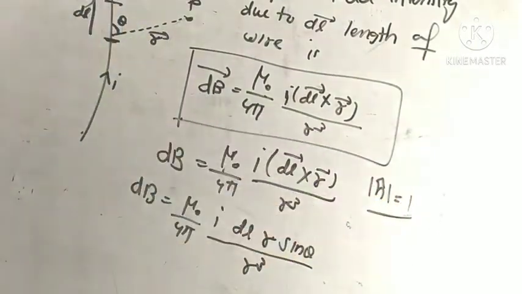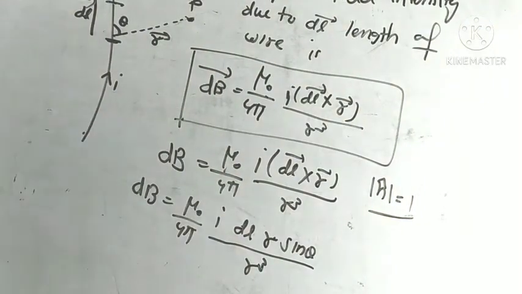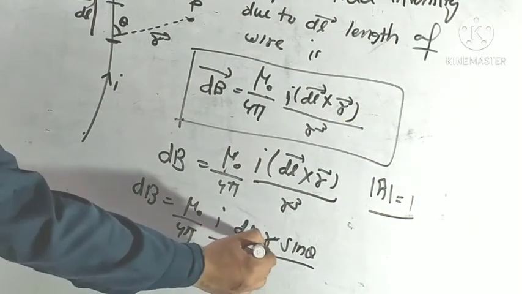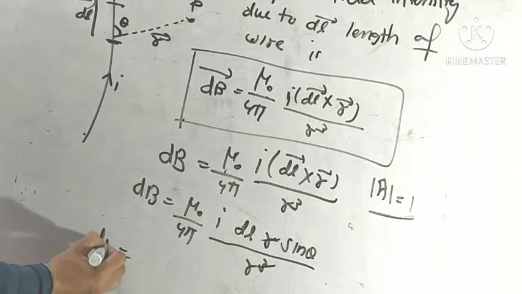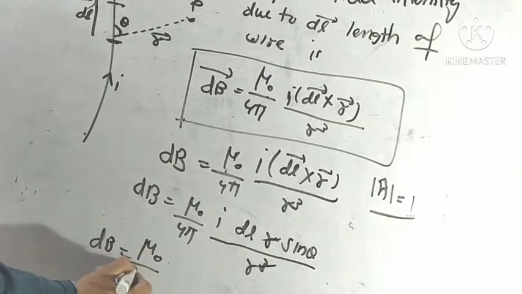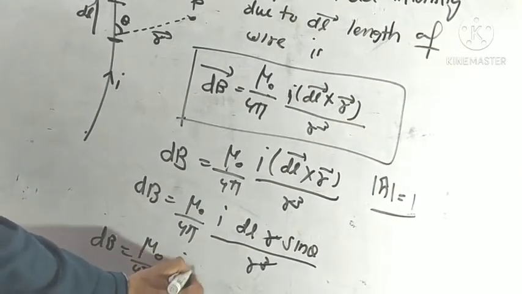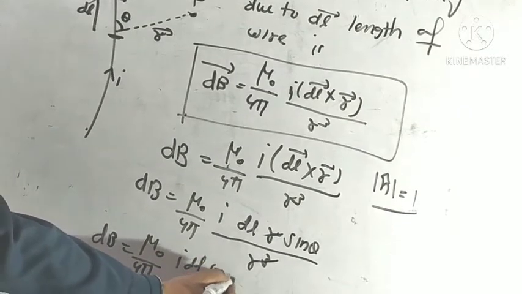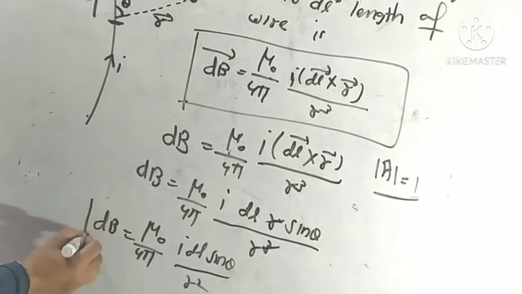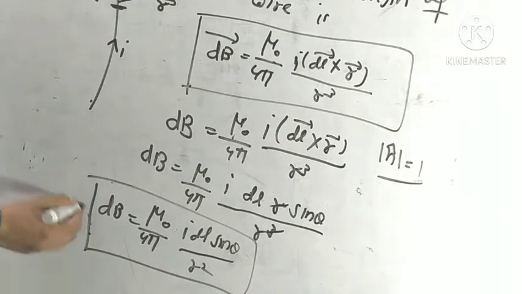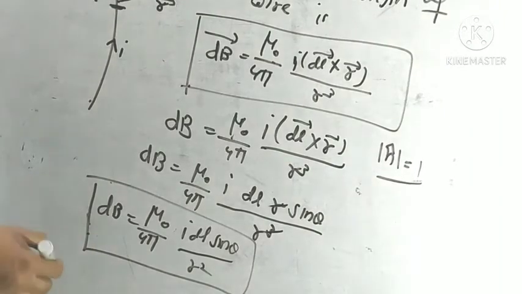We take only the magnitude value here. One r cancels, and the final value is dB equal to mu naught upon 4 pi, I dl sine theta upon r square.